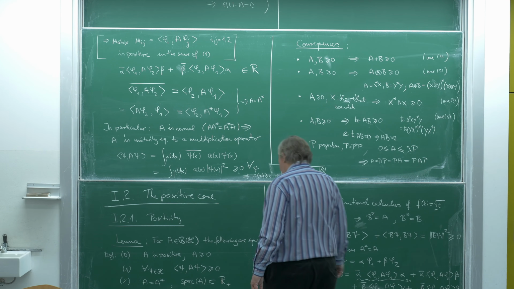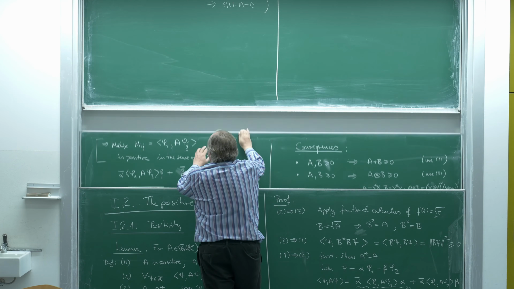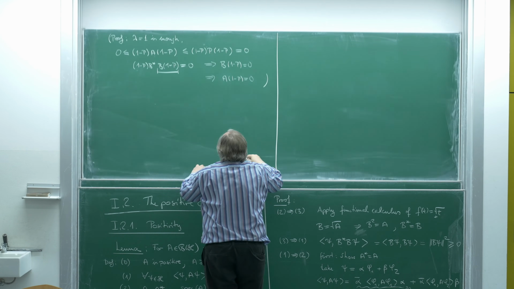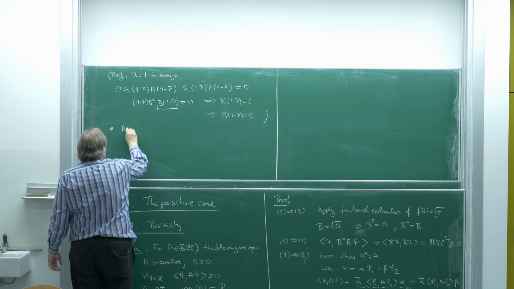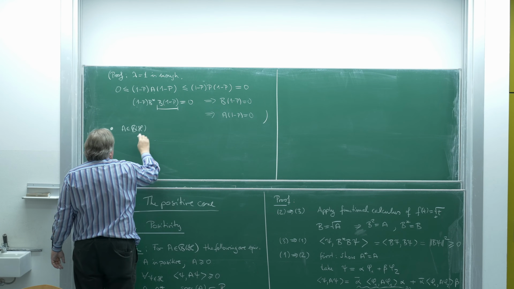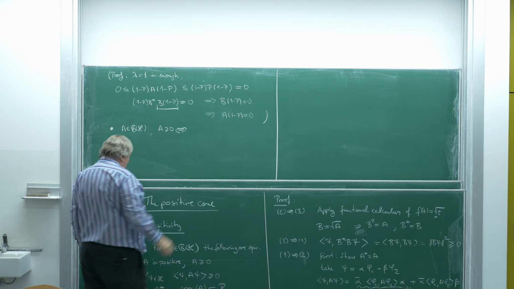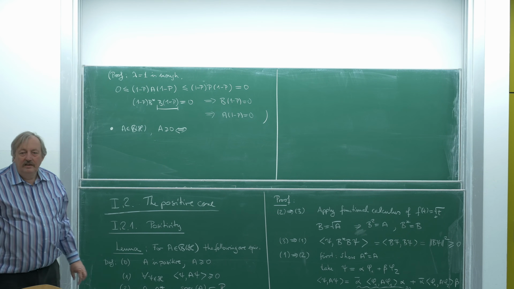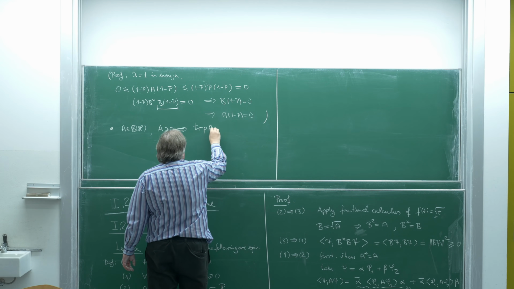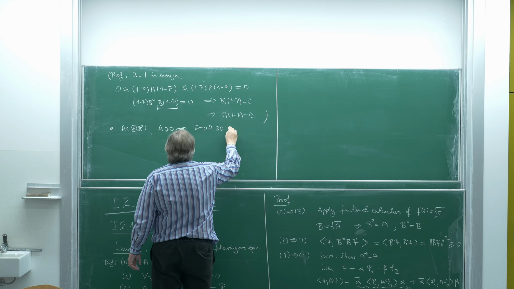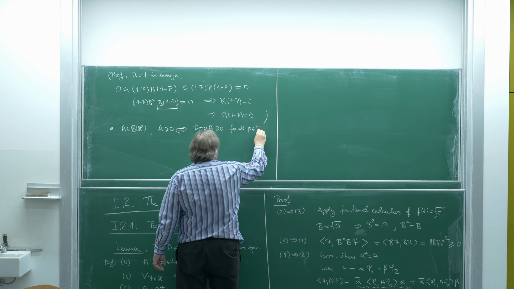And so one more consequence is that if A is in B of H, then A is positive if and only if, which means it's sort of number 4 on that list of the lemma, right? That is equivalent to saying that trace rho A is positive for all rho in the trace class.